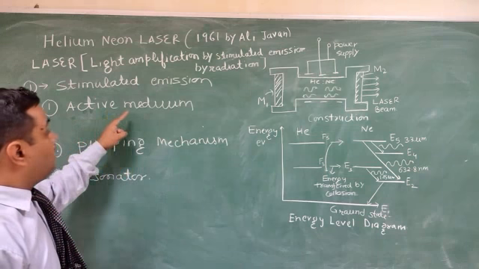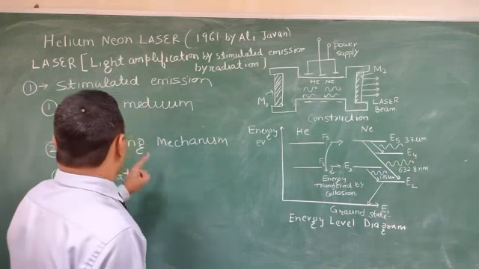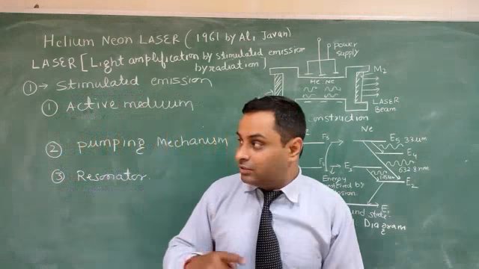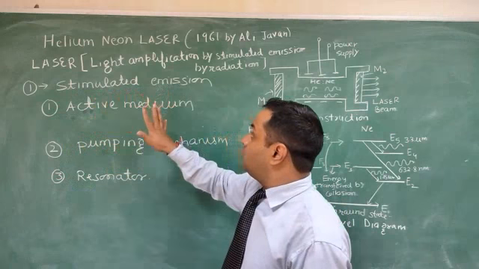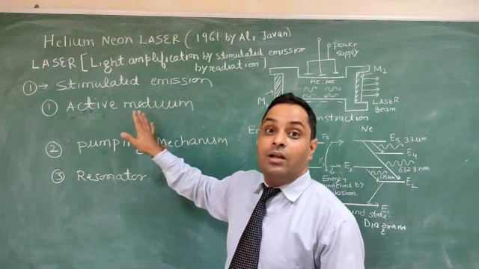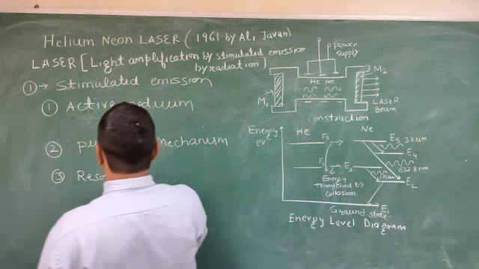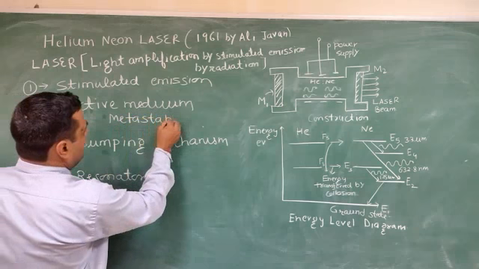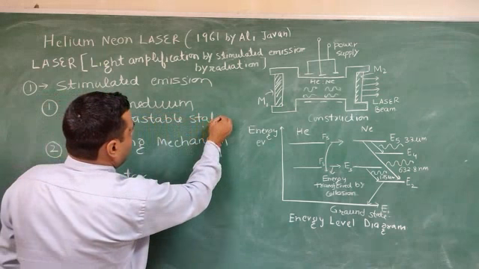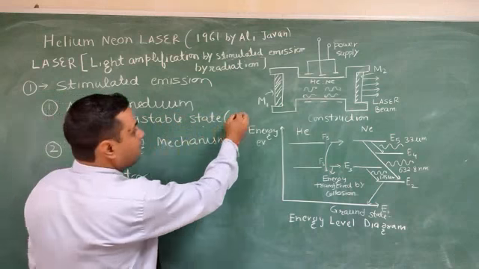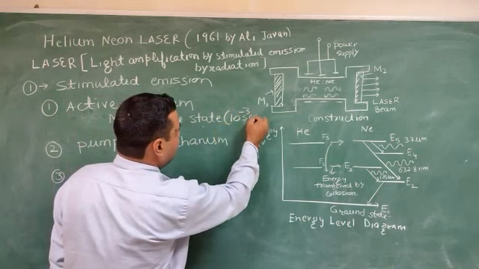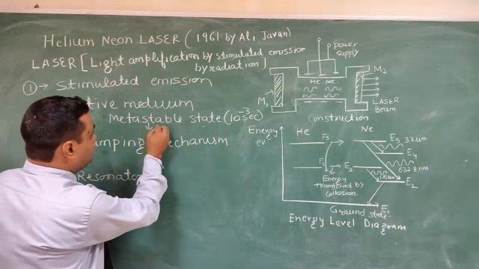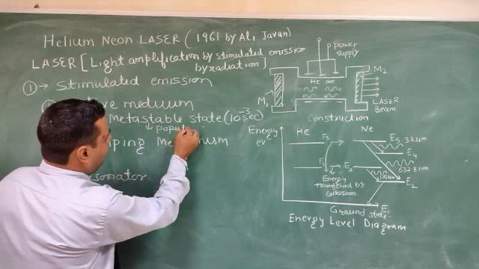So what is the active medium? To achieve stimulated emission, the active medium has the following properties. First, it has a metastable state, which has a lifetime of 10⁻³ seconds. Through this metastable state, we achieve population inversion.